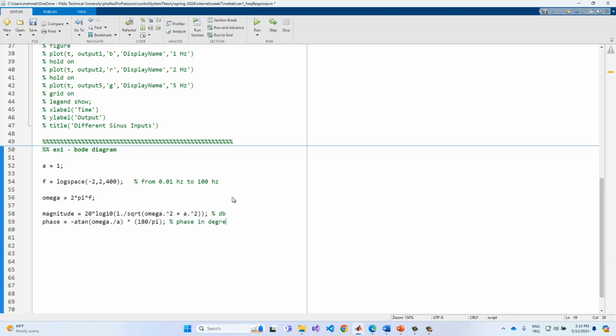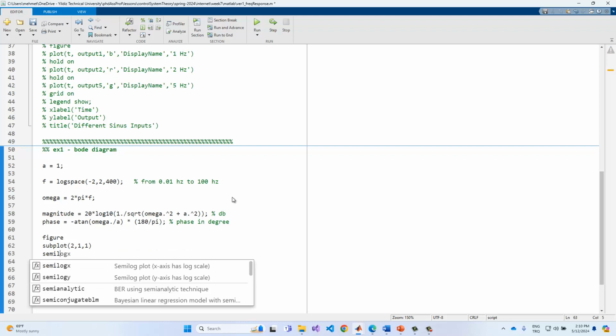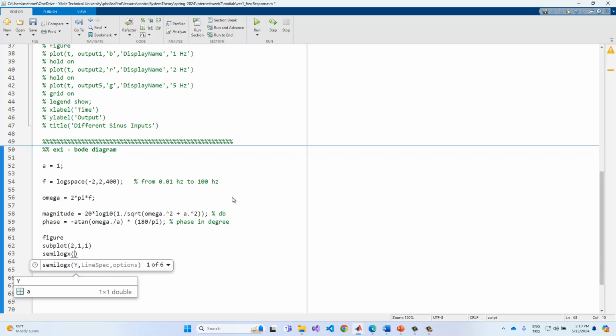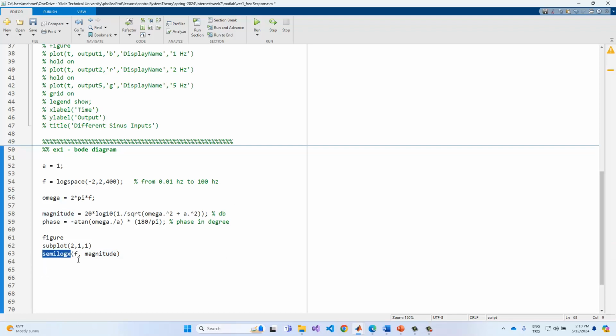Phase in degrees. So we need to build the figure here just like this one, subplot 2 1 1, and semilogx as a function of F and magnitude. This is an important function, semilogx, because we can create the basis in the logarithmic domain.